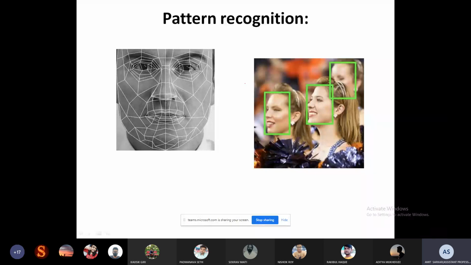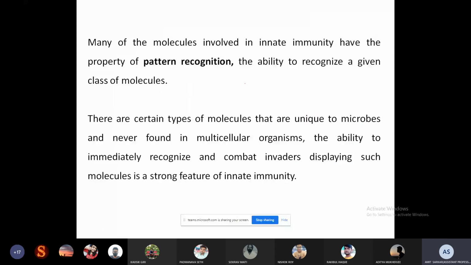Similarly, in case of innate immunity also, we have a pattern recognition thing. Many of the molecules involved in the innate immunity have the property of pattern recognition, that ability to recognize a given class of molecules. What is the logic that is working over here? Very simply, innate immunity does not understand anything.